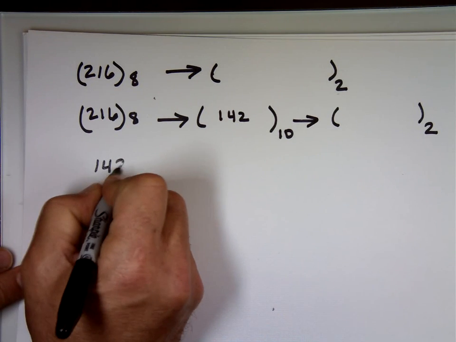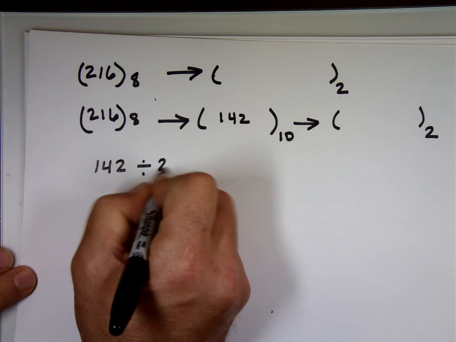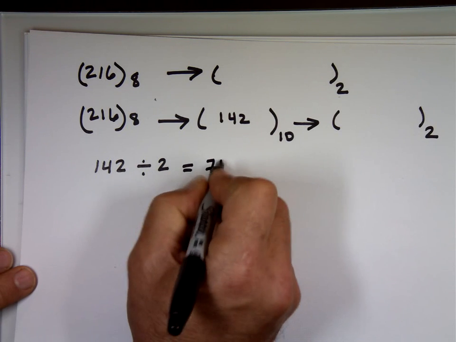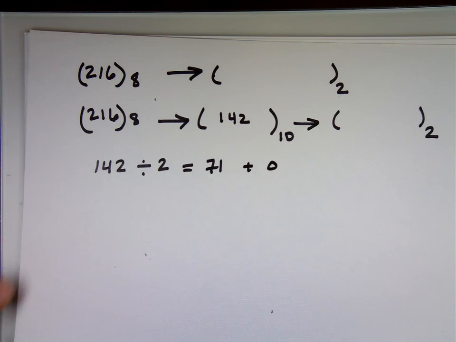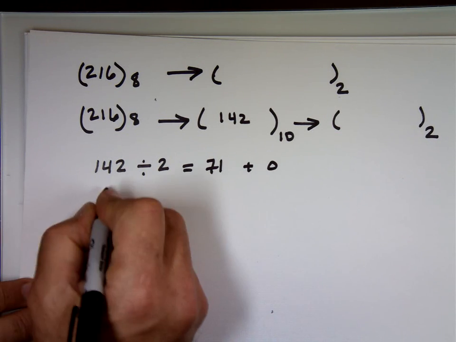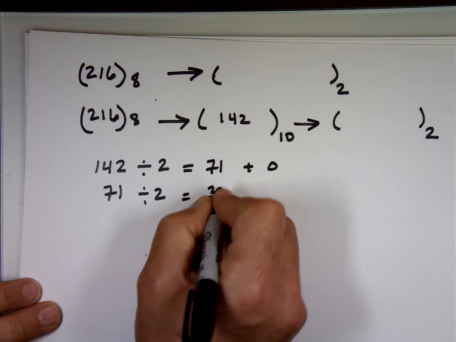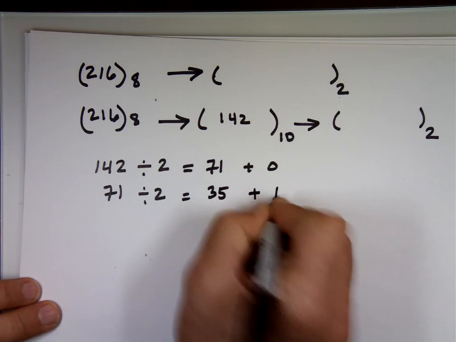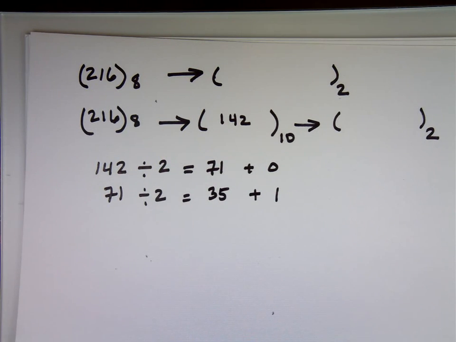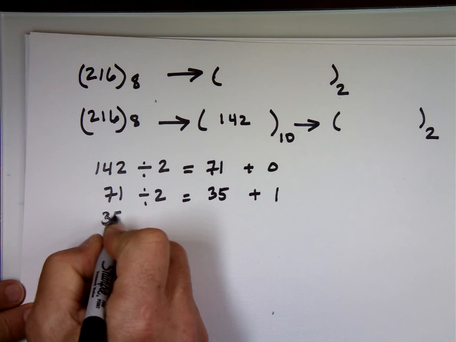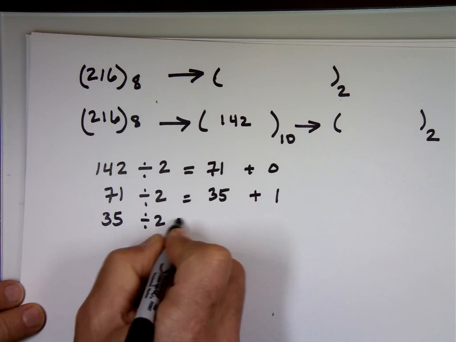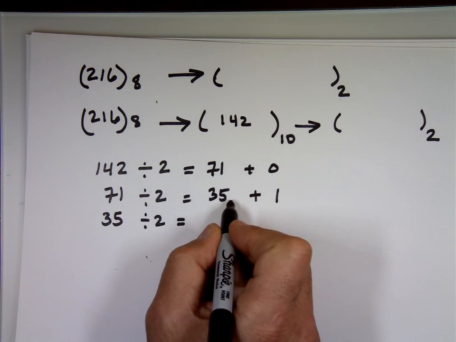Divided by 2. Is that a 71? No remainder. Take the 71, divided by 2. That's a 35 plus a remainder of 1. Take the 35 divided by 2. 17, remainder of 1.